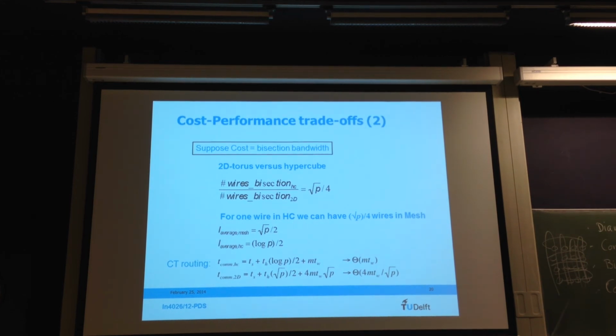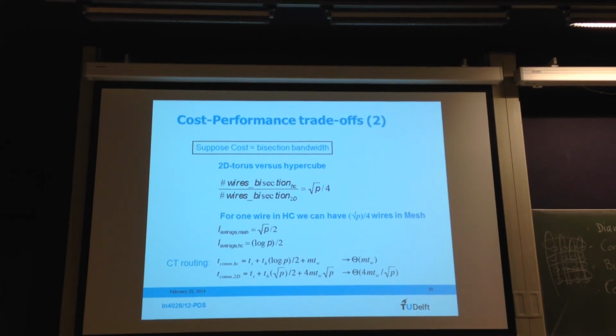And that is probably one of the reasons that in later systems people adopted more two-dimensional torus systems, because cut-through routing got rid of all the disadvantages you had of the mesh versus the hypercube. And by this kind of reasoning, you see why.